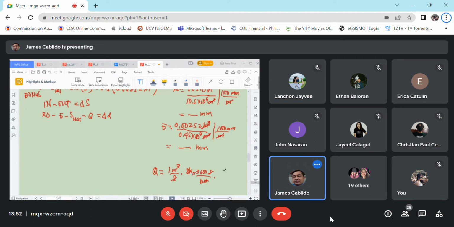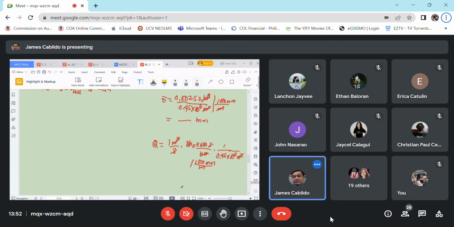So, mag-divide tayo ng area of the pool, that is 0.45 times 10 to the 6 square meters. So, cancel na yung square meter. Tapos mag-multiply tayo, gawin nating mm ang meter na naiwan. So, we're going to multiply 1,000 mm per meter. So, ang unit natin dito ay mm.